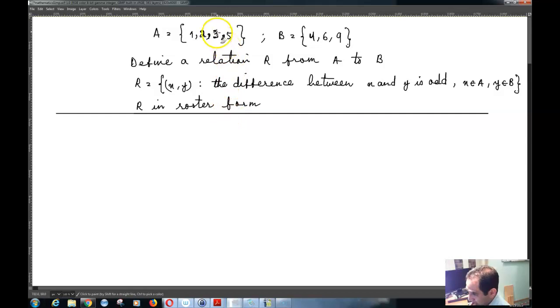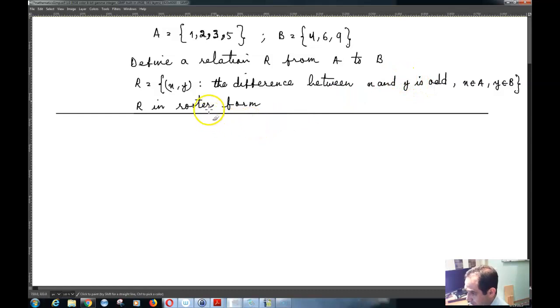Okay, so you have your A and B over here. You want to define a relation R from A to B such that R is equal to (x, y) where the difference between x and y is odd.